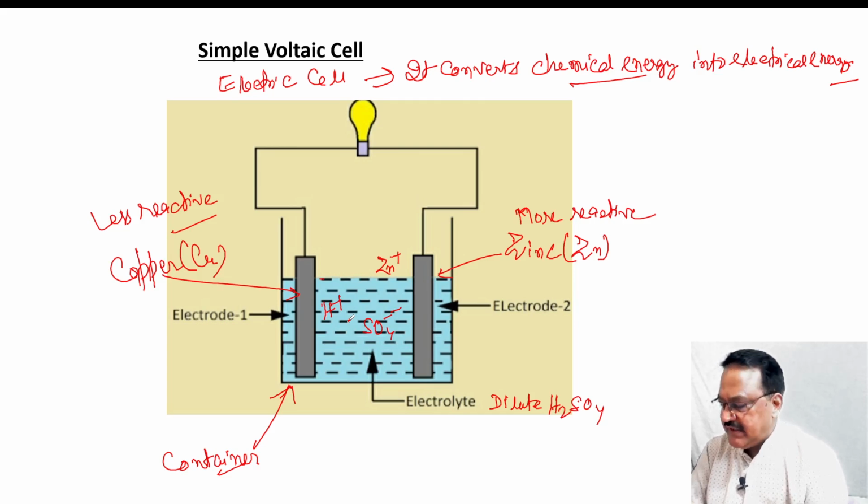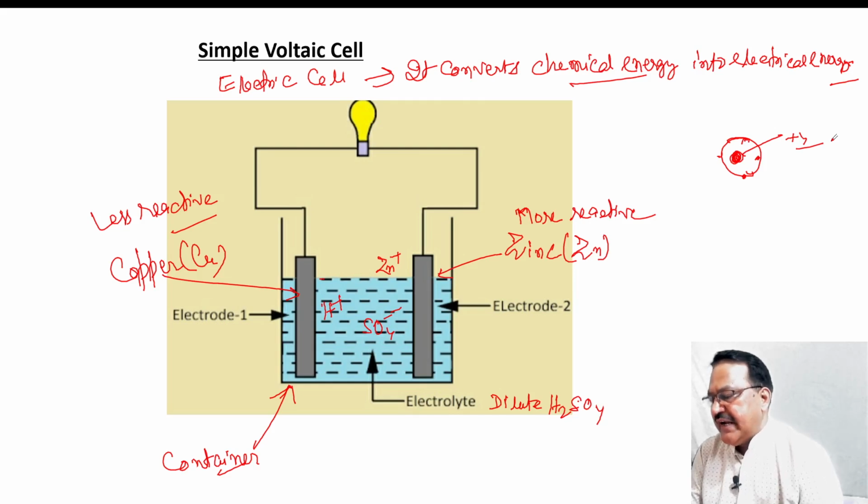As we know, in any atom, whatever number of protons are there in the nucleus, the same number of electrons are available in that atom, revolving around the nucleus.